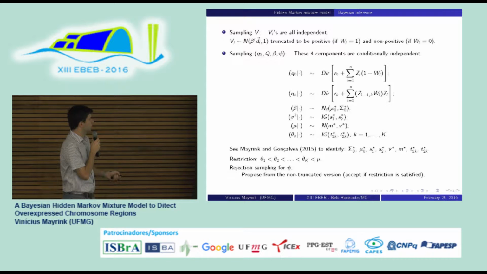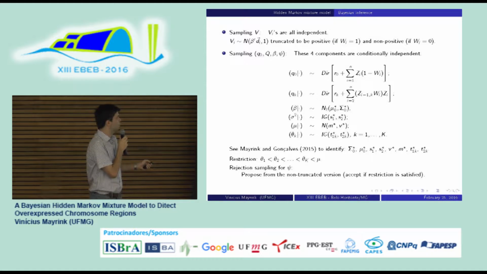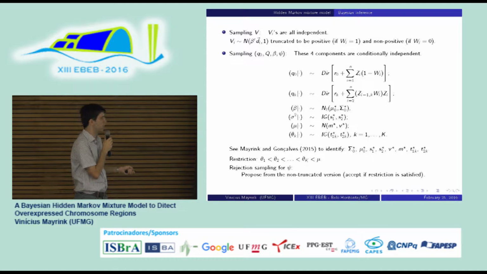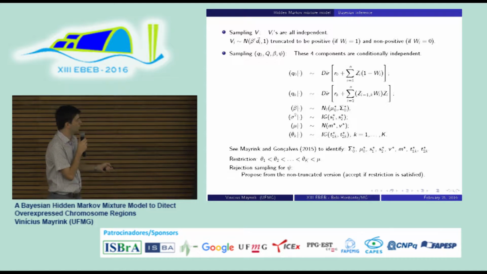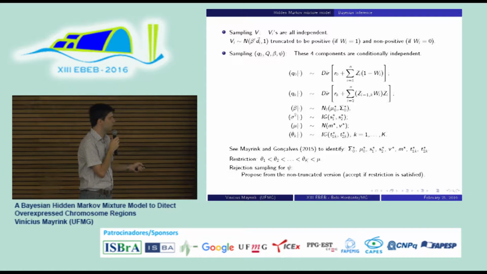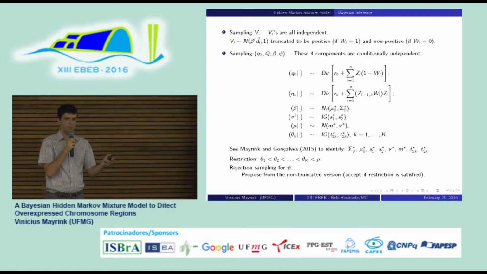For sampling V, it is truncated to be positive if W is 1, and we generate from the normal distribution, and non-positive if W is 0. These are the complete conditionals for many of the parameters. We have a restriction for the model because we want the components of the mixture to have some order.